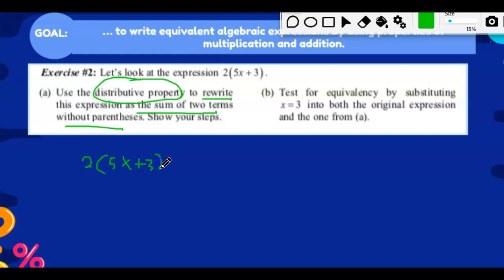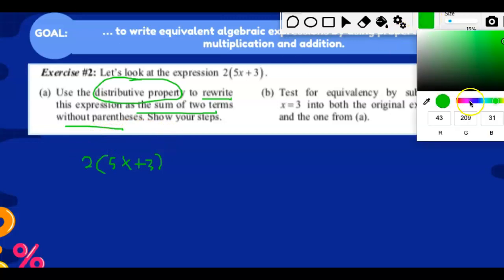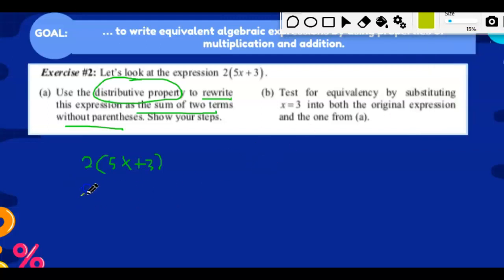All right, so remember yesterday we learned how it was done. Actually in my other class, I said we're just gonna distribute and multiply quick, but they did not understand it that way. So what we're gonna do here is multiply 2 to 5x, because you are going to distribute 2 to every single term inside the parentheses.